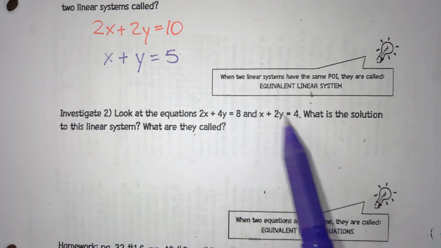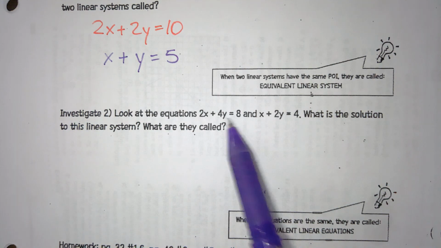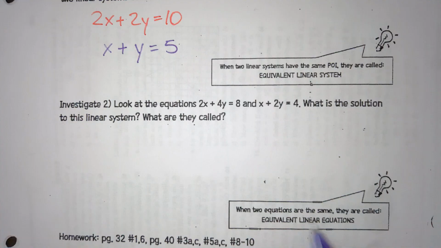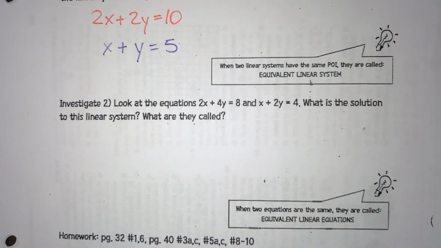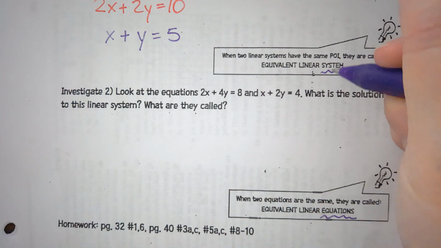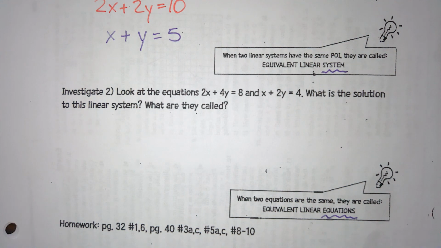If you compare these two, what do you notice? Same thing. They're just multiples of each other. So when you graph it, again, you're just going to get the same line. So equivalent linear equations. The difference between system and equation is just the system is the set of two equations, and an equation is just an equation.